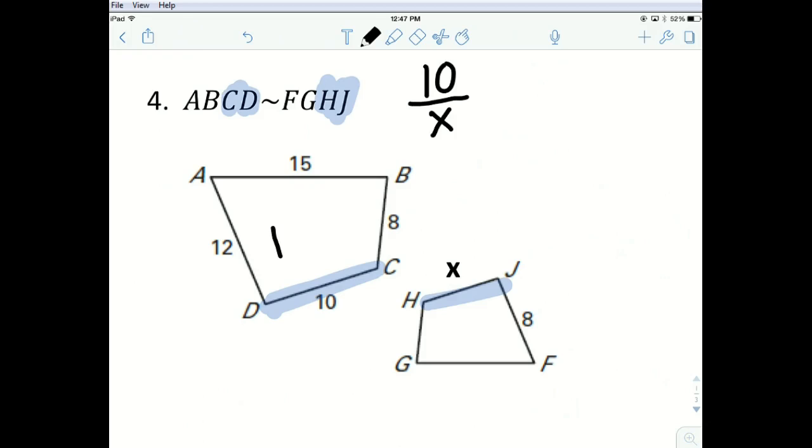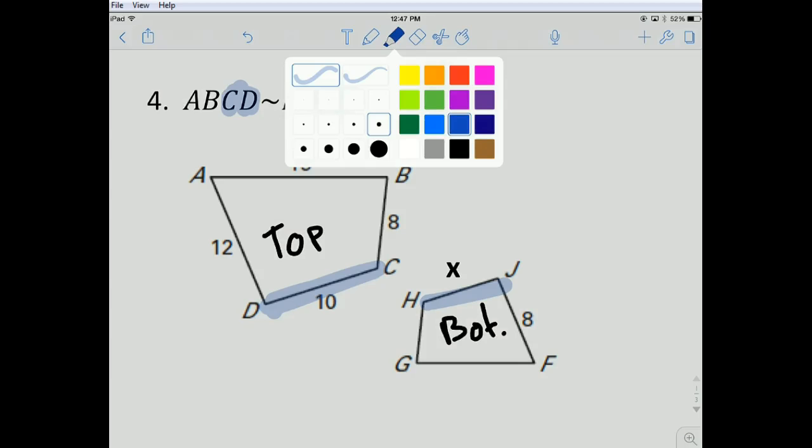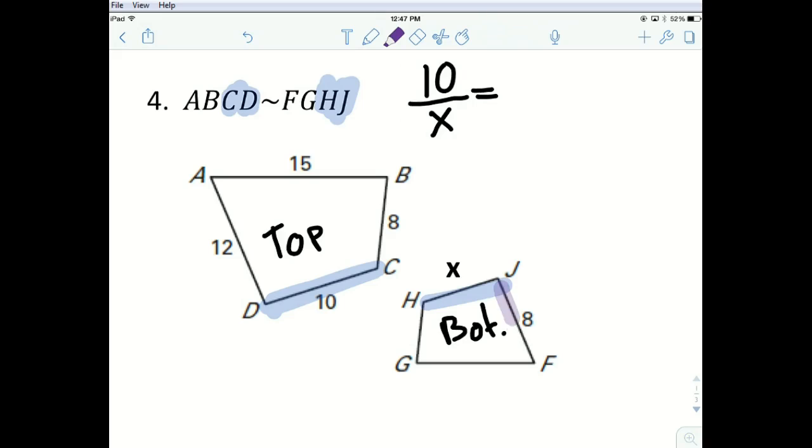So this quadrilateral is going to be on top, and this is going to be on bottom. So just make sure that as we go through and we set up what is equal, that in fact we do put that upper left quadrilateral on top. Alright, so what else do we know here? Well, if I take a look, I know JF.